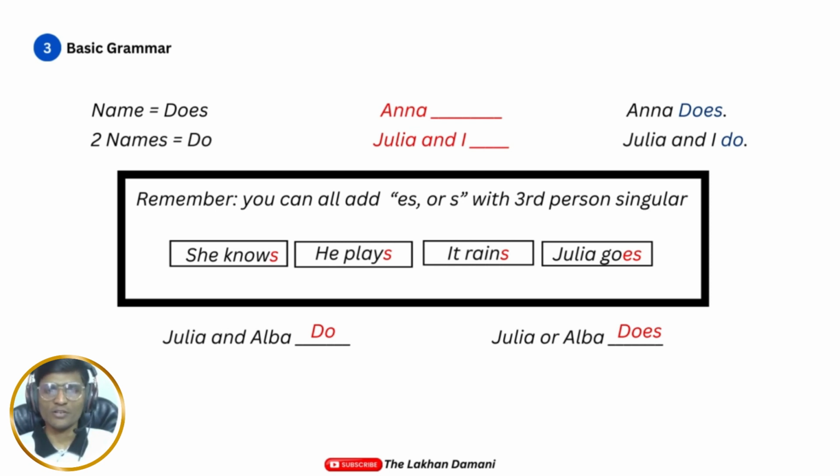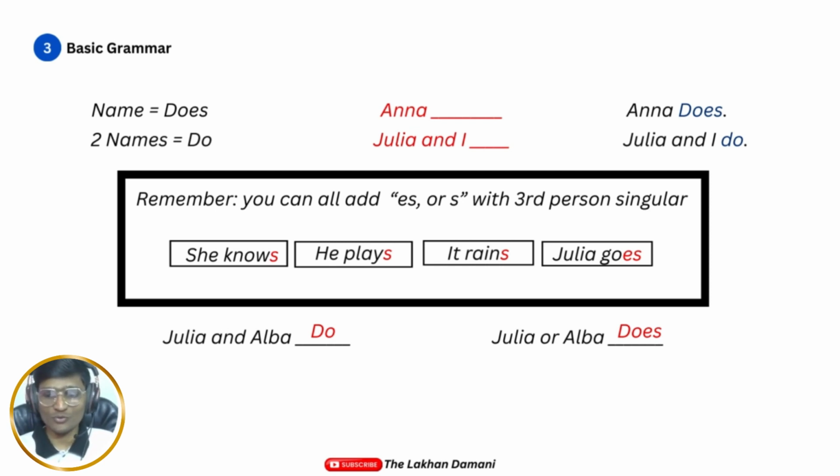For example, here, Julia and Alba do, Julia or Alba does. Do you know why? Because when you talk about two people, you're adding and, one and second. But if we are saying or, you're telling two people, but you're asking me to choose one of those two people.